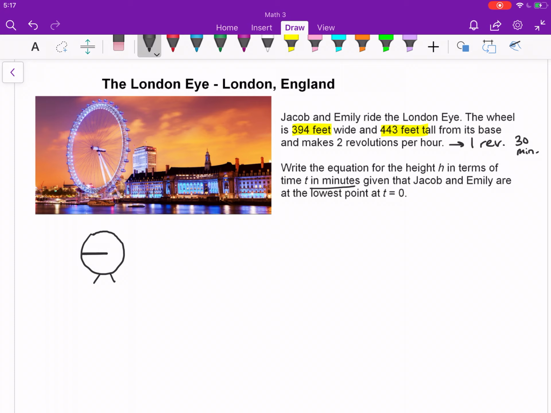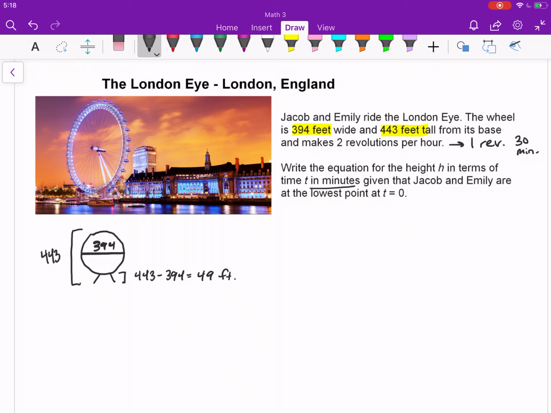So when we say it's 394 feet wide, we are talking about the diameter. But when they talk about the height, they're including the base with it. So it's 443 feet. So we need to find how far off the ground our London Eye, our Ferris wheel is. So if you go ahead and take 443 and subtract 394 from it, you'll find that this whole Ferris wheel is 49 feet above the ground.